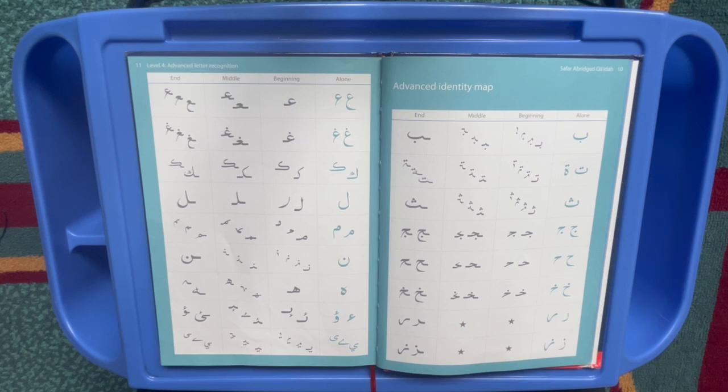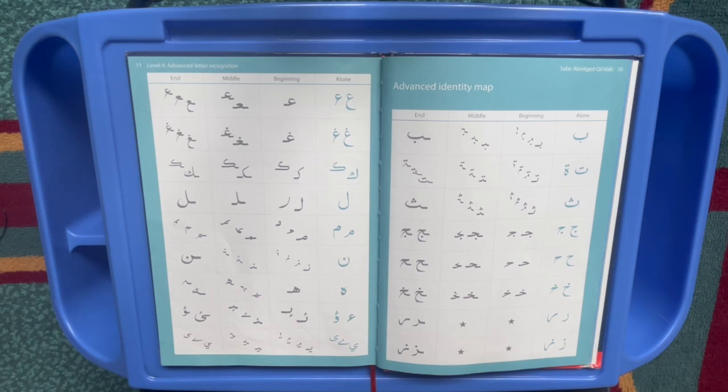Every single word that we see in this qaida will be with these letters which have been written on these two pages, and students should look through each of the letters and try and understand exactly what is being shown here.